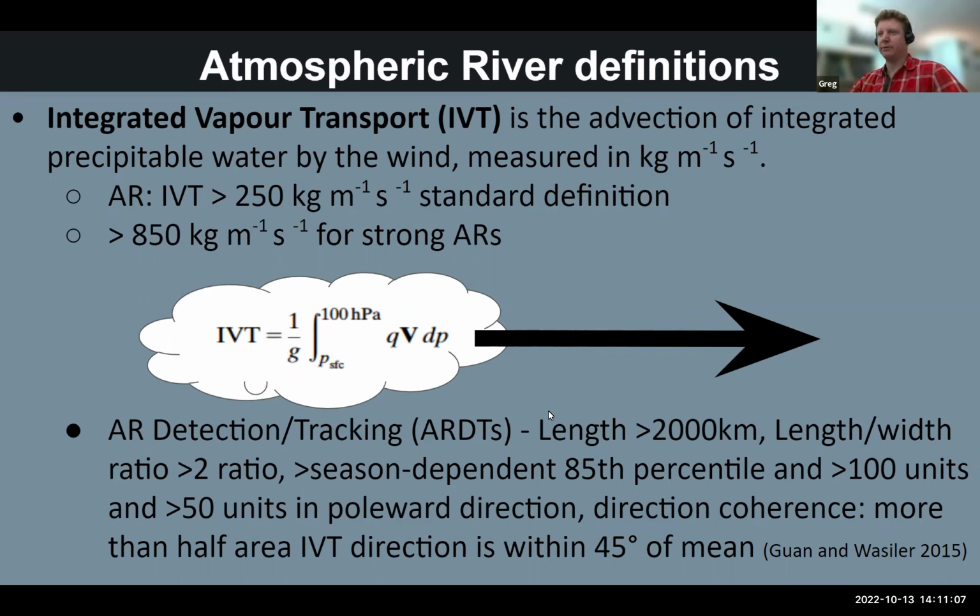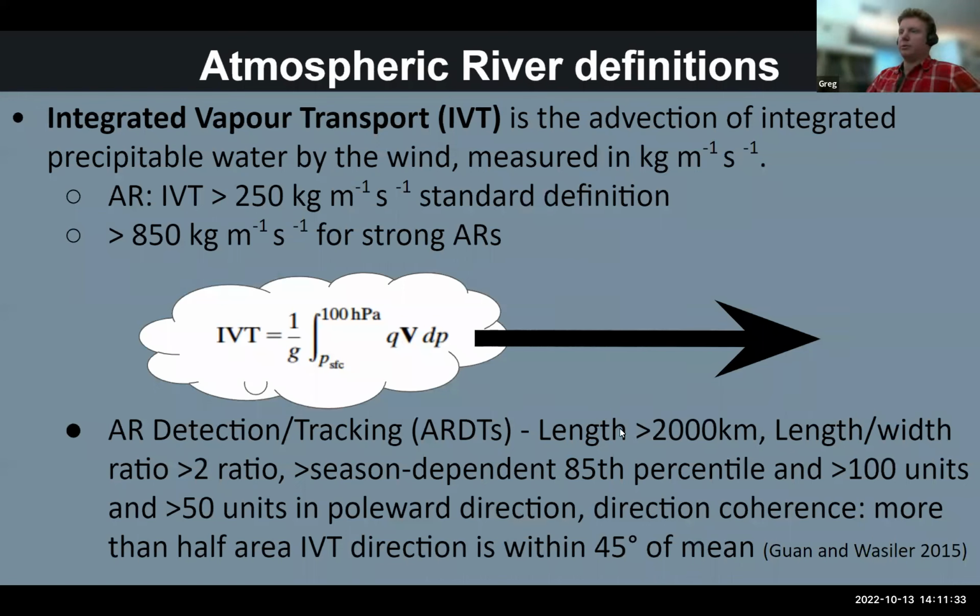This is an example of a fairly popular one by Guan and Waliser. These are automated algorithms that they run on atmospheric reanalysis data sets to identify and track atmospheric rivers, both in historical reanalysis data sets and also going forward in climate models.